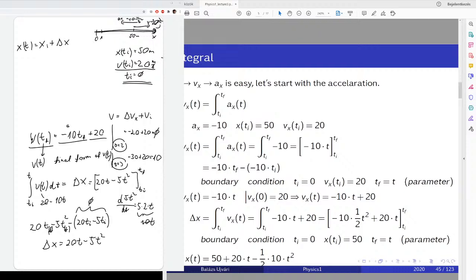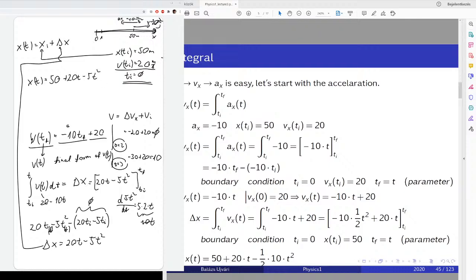Initial is 50, delta x is 20t minus 5t squared. So the xt will be 50 plus 20t minus 5t squared.